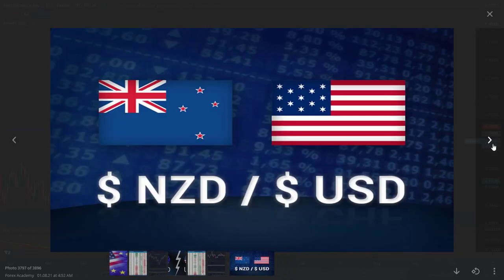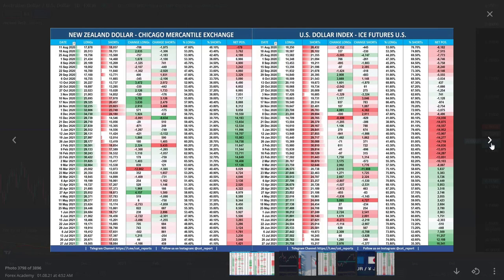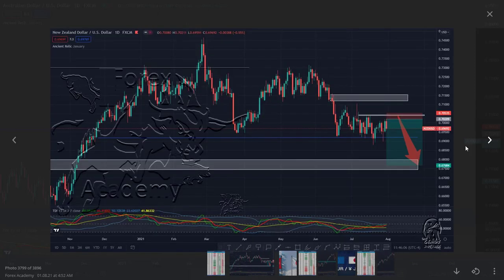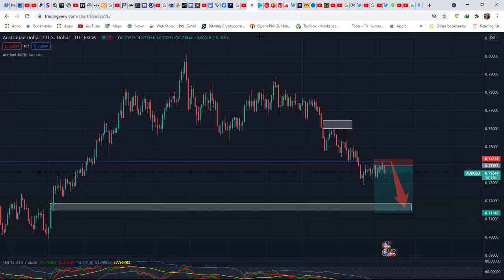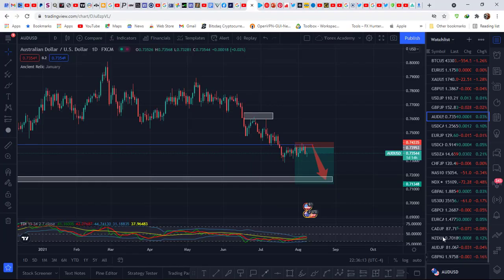And then with NZD USD, I was also bearish with this pair, and then they targeted the 50% of this candle that I didn't mention or look into where the market might come, and then it went to take out that high. Let's see, NZD USD, here we are.